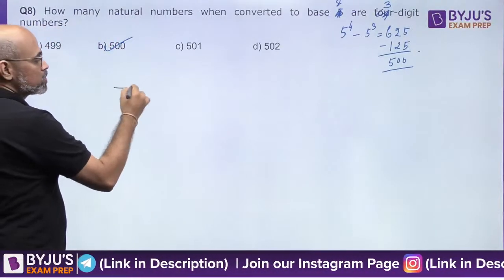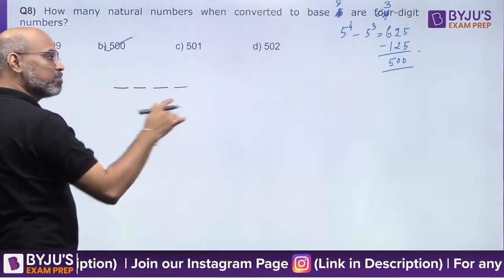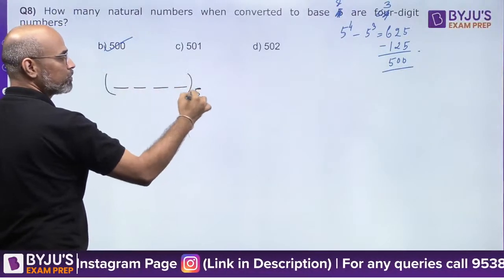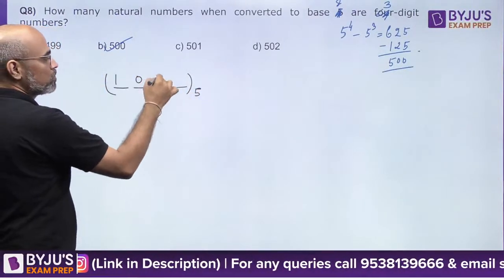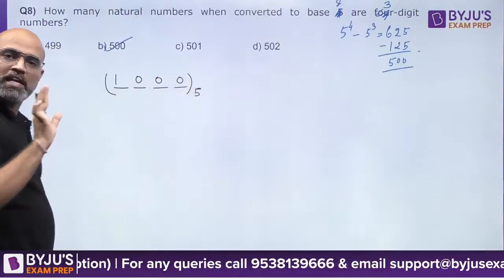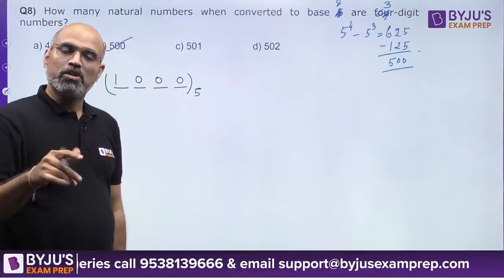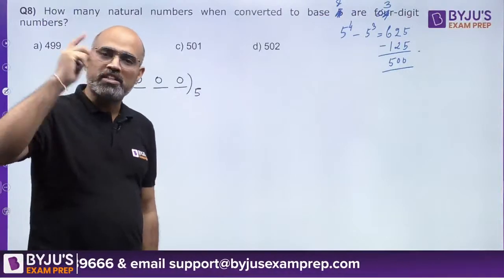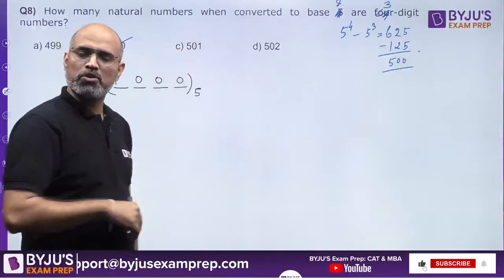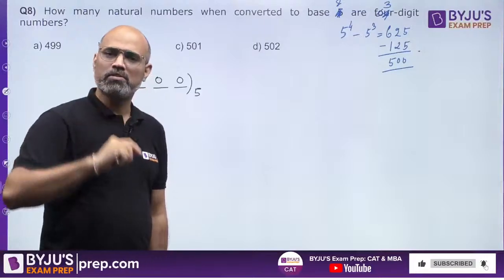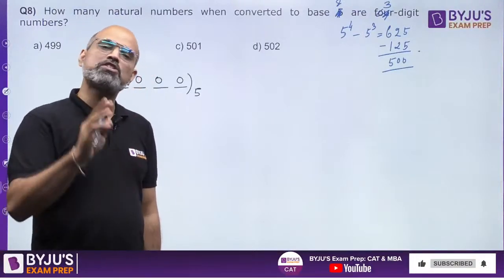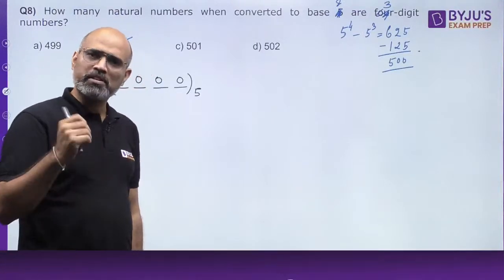So, the smallest 4-digit number in base 5 is going to be 1000. The smallest number is this, right? Which is the smallest 2-digit number? Forget base 5 and so on. Which is the smallest 2-digit number? 10. It's the same there. Which is the smallest 4-digit number? 1000.